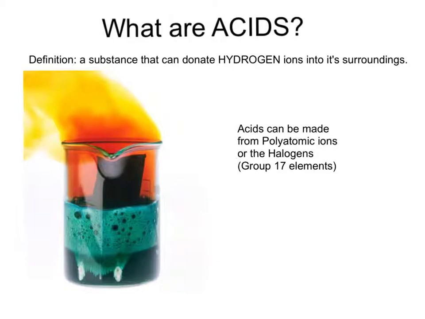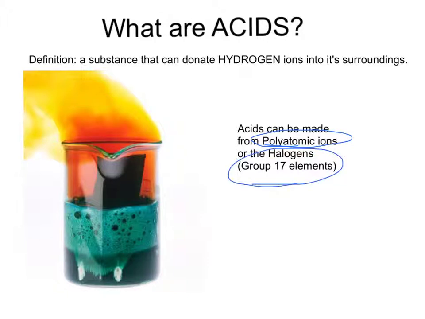To begin with, an acid, the definition of it is something that is going to donate a hydrogen ion to its surroundings. So an acid can be made from any one of my polyatomic ions or my group 17, which we call the halogens.